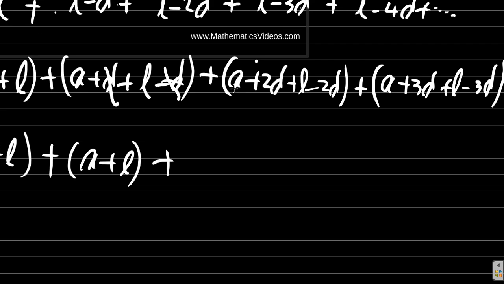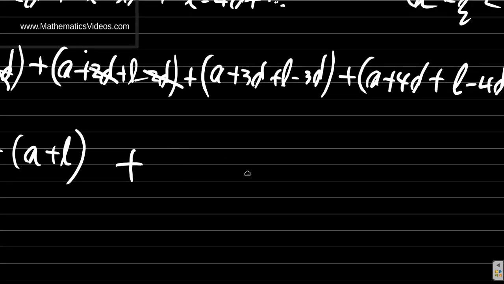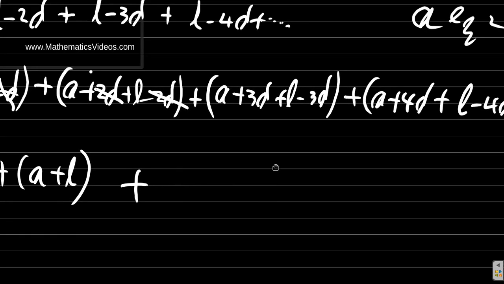You're going to have A, but it's A plus the L, right? Plus, but 2D minus itself, 2D minus 2D, that's gone, right? That part is gone. So it's A plus L again, plus, remember that L means the last term, A would be the first term, right?